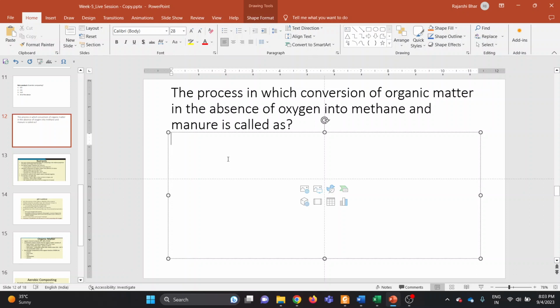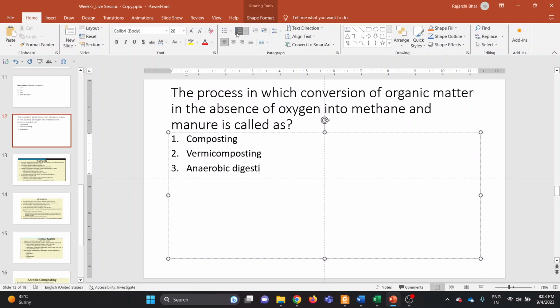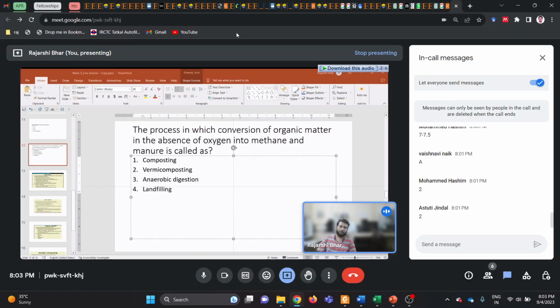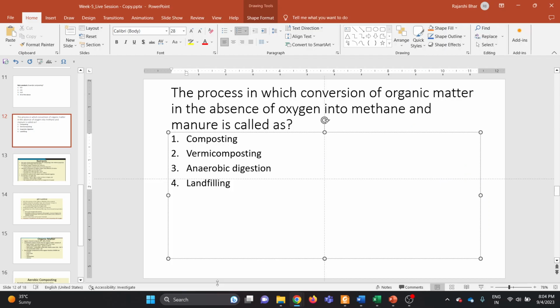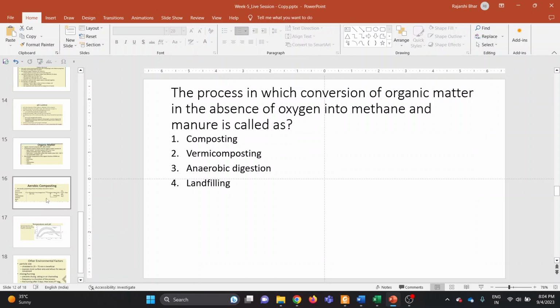Your options are, so which one do you think is the correct answer? Okay, option 3, one of you has said, others are also going with the same answer. So it is obviously correct. Anaerobic digestion is the true answer for this question.